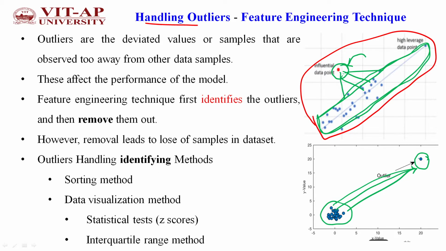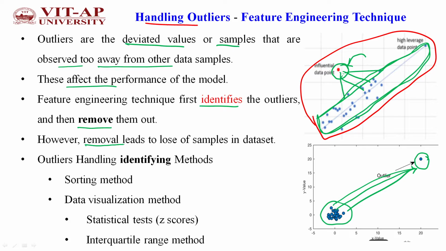So what is the disadvantage of this outlier, how is it affecting our model, that we will see now. Outliers are deviated values or data points that are observed too far away from other data points. This is affecting the performance of our machine learning model. The feature engineering technique first identifies the outliers and removes the identified outliers from our data set.